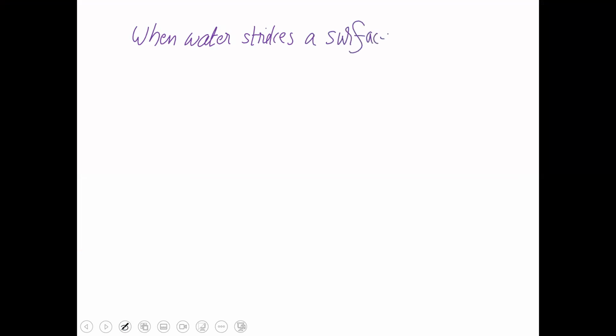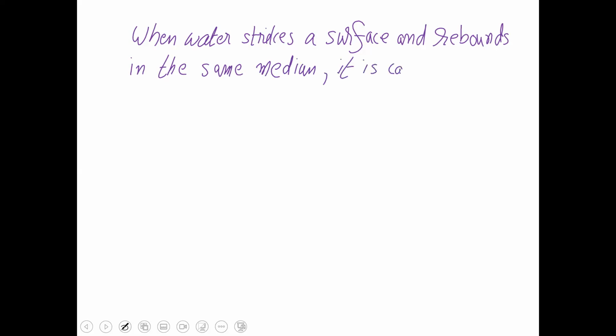When water strikes a surface and rebounds in the same medium, it is called reflection. Copy this definition for reflection.